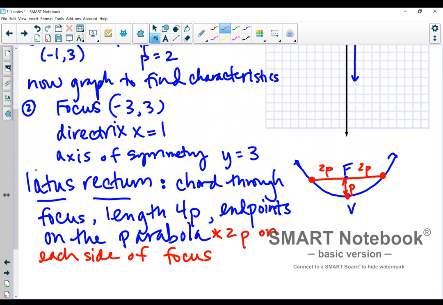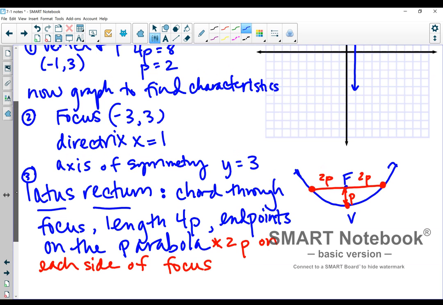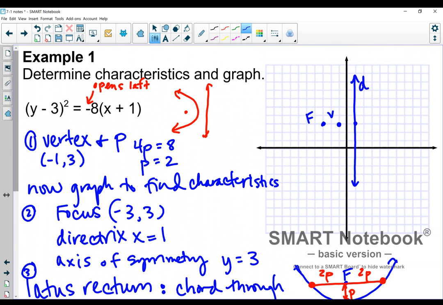So our last step is going to be using that latus rectum to find more points. Really, we could have swapped step 2 and 3, but I thought we would save the more vocab for the bottom of the page. So p is equal to 2. So that means from my focus, I need to go 4 units because 1p is 2, so 2p is going to be 4.